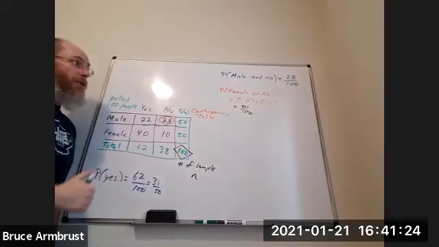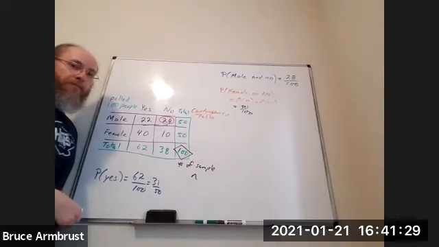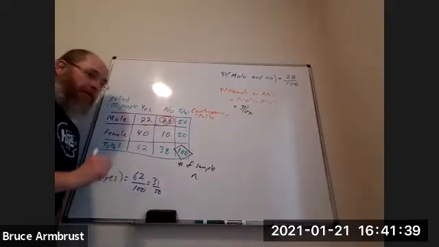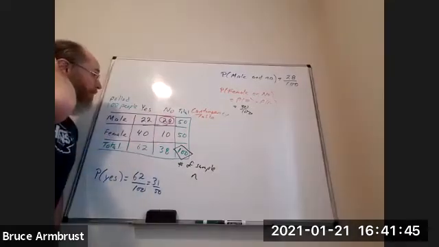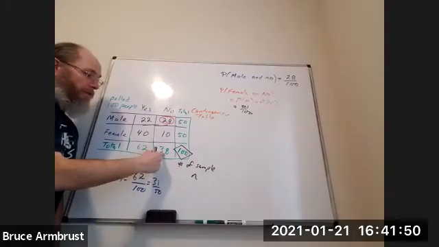Okay, so what about no? What's the probability that someone says no? 10 out of 100? Not 10. It's going to be 38. Yeah, I totally see where you got that 10 because the 10 was the females that said no. But we're just looking for total, like how many people said no, and it was 38.